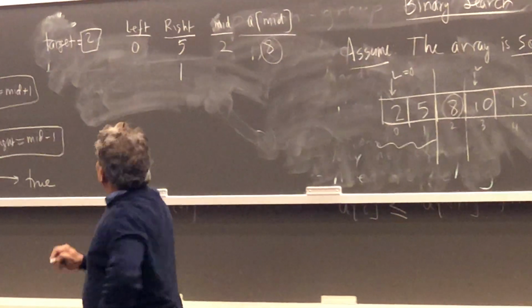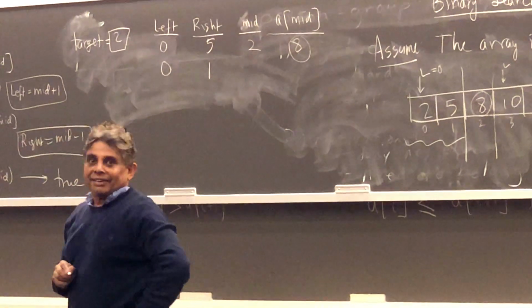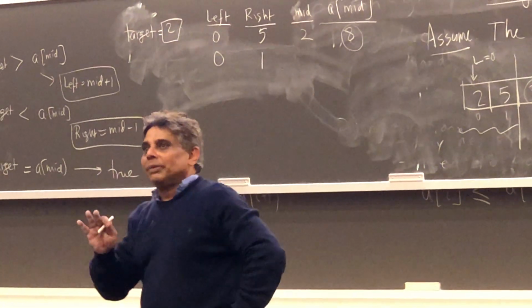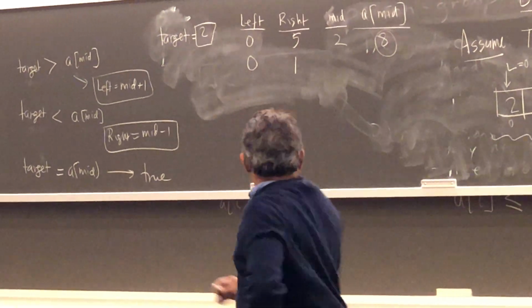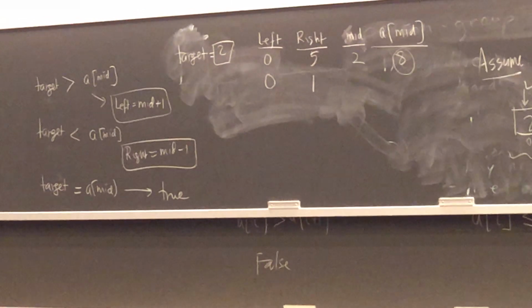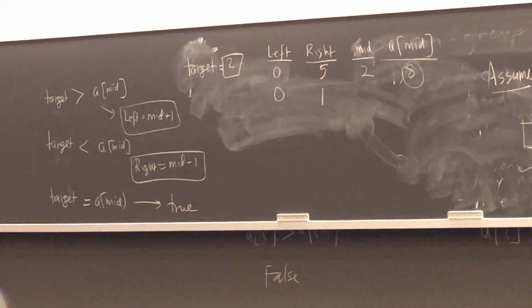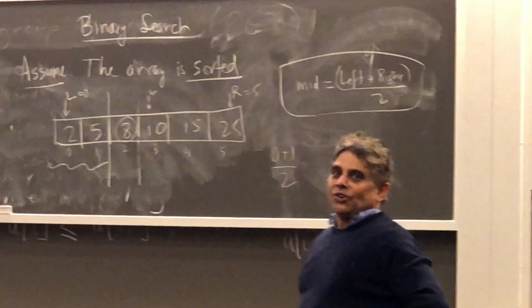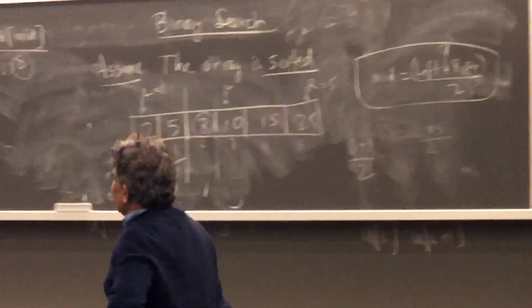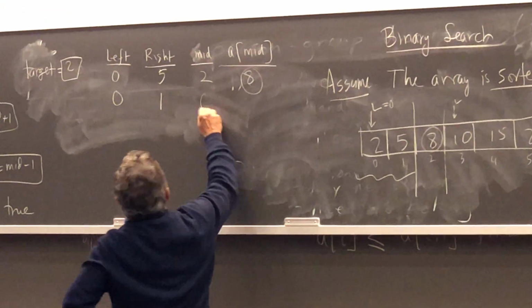Okay, right would become 1, and left, I'm not going to touch it. Left is still 0. Now with these two numbers, what is the new mid? The new mid is 0 plus 1. Mid is always computed using this formula, right? What's the new mid now? 1 over 2, that's 0. Okay, integer division. This gives you the mid index.